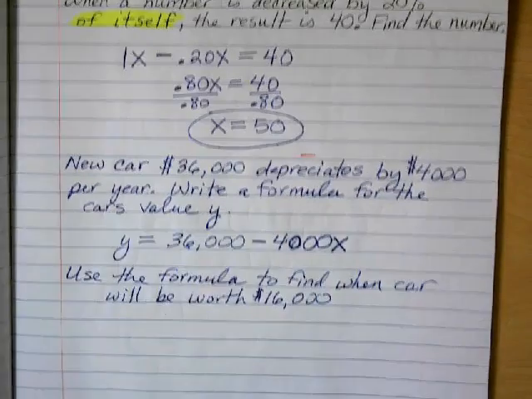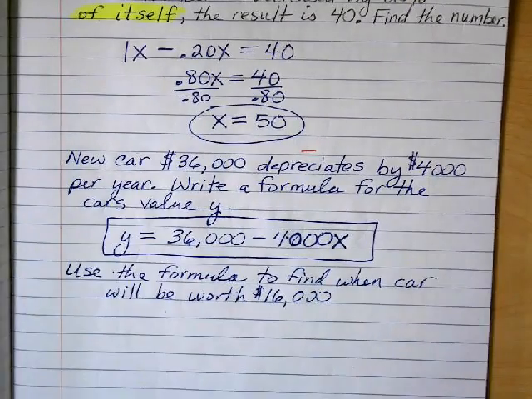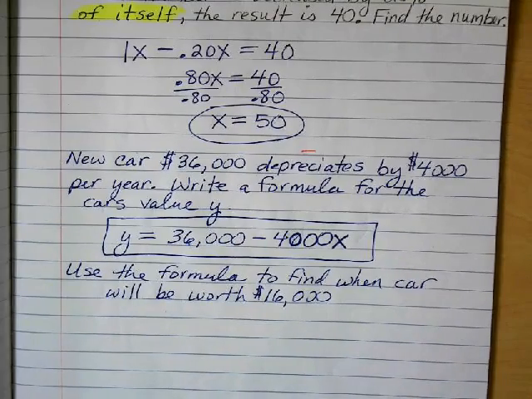So we got a formula set up. That'll be like part A of the problem. We usually have part A and part B on a lot of these. Use the formula to find when the car will be worth 16,000.